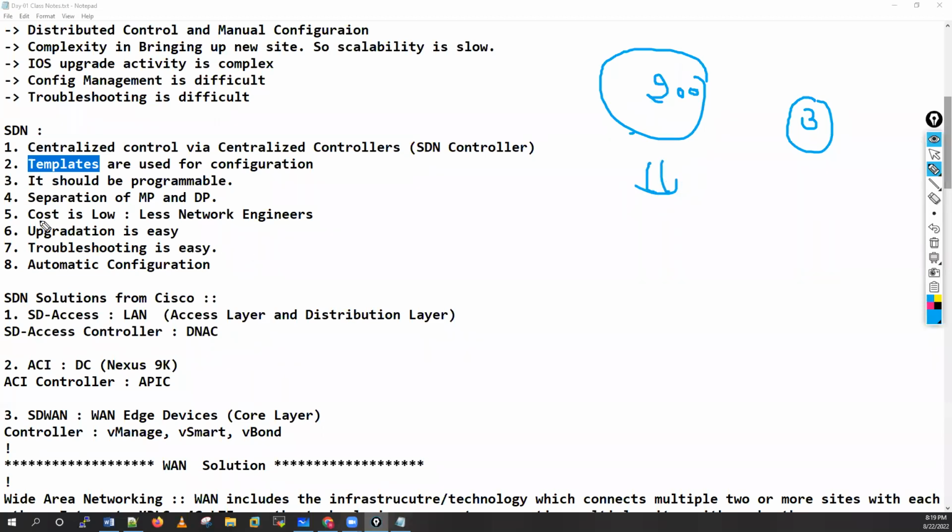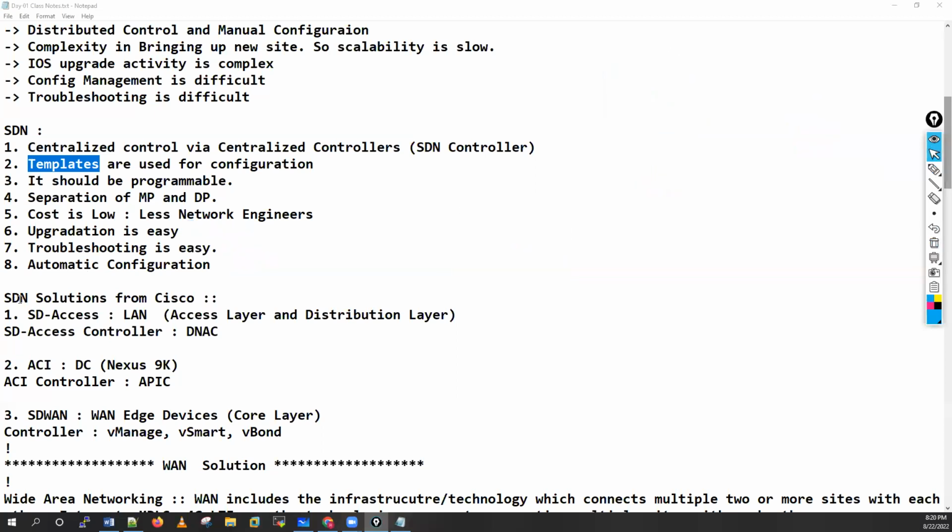But due to the SDN solution, you need far fewer network engineers, because you are now controlling the whole infrastructure from one place, from one device. So such issues are solved by this particular SDN solution. You can do automatic config backup, right? You can do all this troubleshooting. So you get such things.